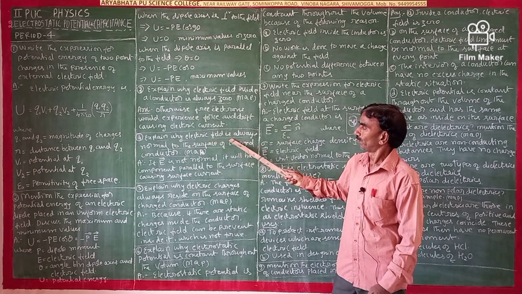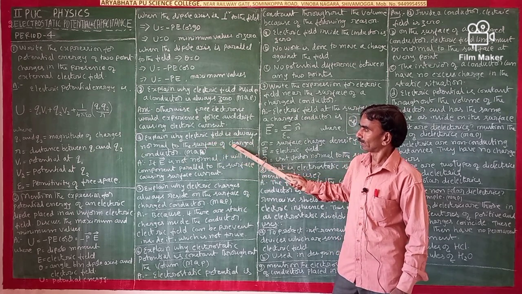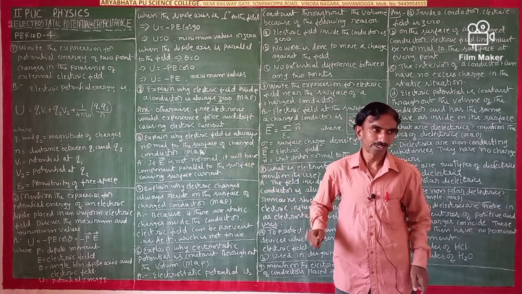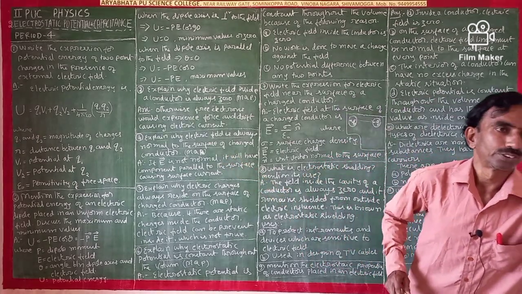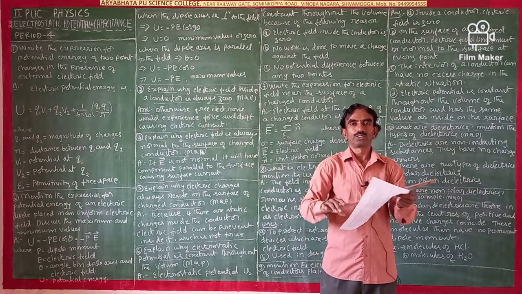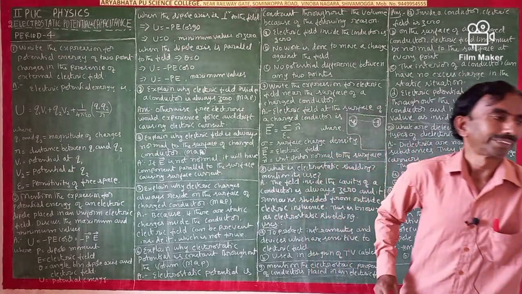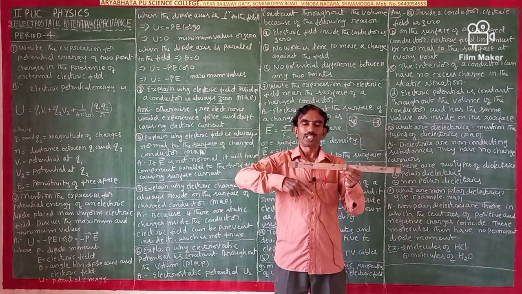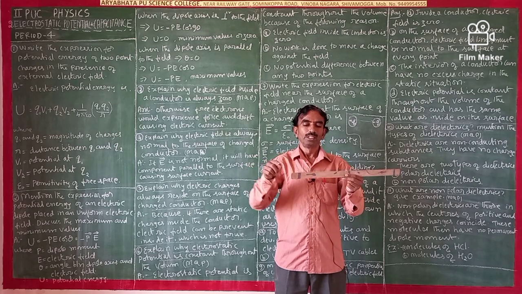Explain why the electric field is always normal to the surface of a charged conductor. So the electric field is always normal to the surface of the charged conductor. It is always perpendicular to the surface. Or you can take this as a conductor; around it the electric field is radial.